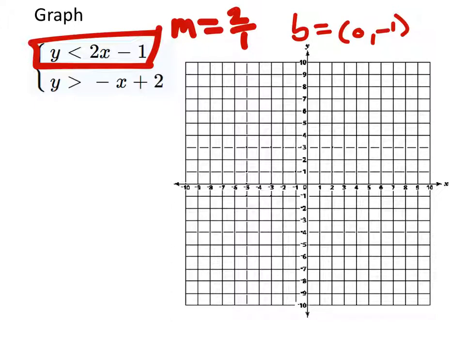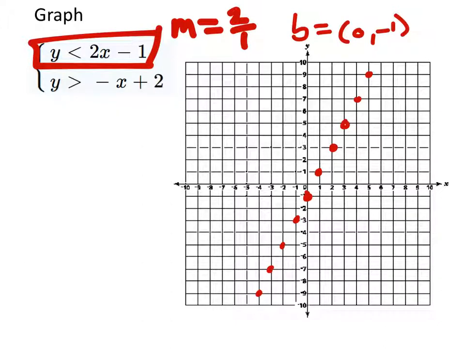So starting at 0, negative 1, I've got a slope of 2 over 1. So I'm going to go up 2 to the right 1, which gives me the point, up 2 to the right 1. You can create your stair step there if you want. But since we're graphing 2 lines for this one, I'm going to keep them off so we can distinguish the two, okay?